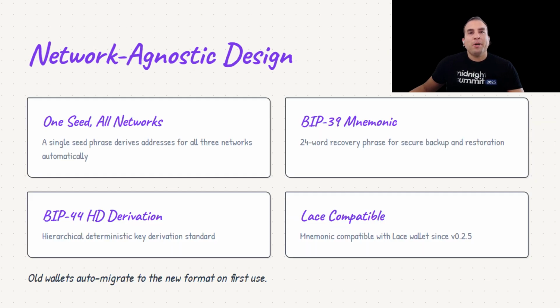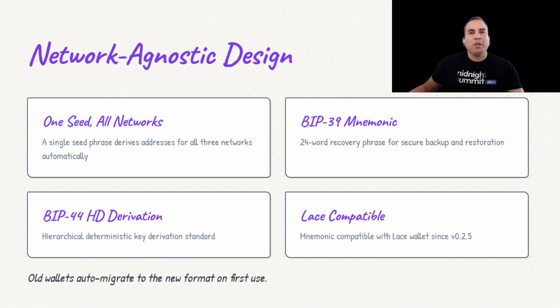Let's talk about how the key derivation works, because this is a smart design choice. The wallet uses BIP39 mnemonics, that's the standard 24-word seed phrase, and BIP44 derivation path. What this means in practice is that one seed phrase gives you a unique address on every network. The derivation path includes the network, so undeployed, preprod, and preview all get different addresses from the same mnemonic.